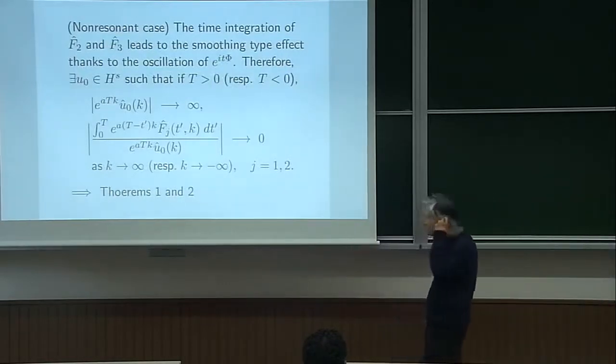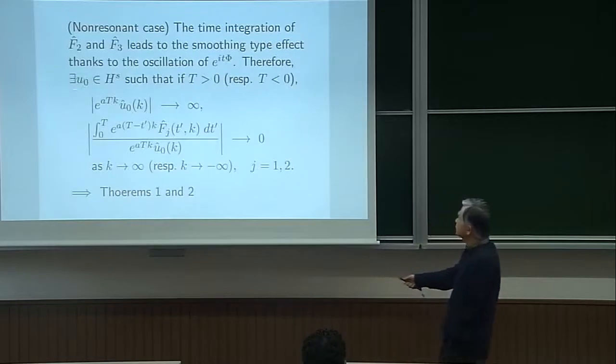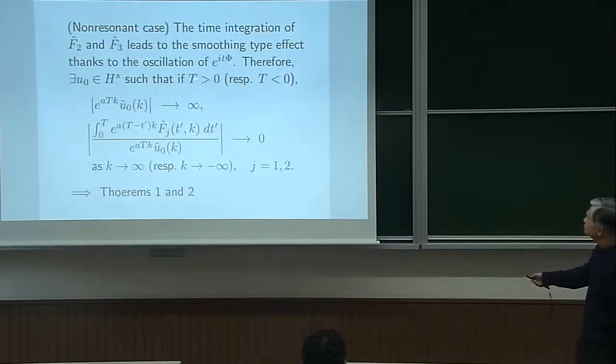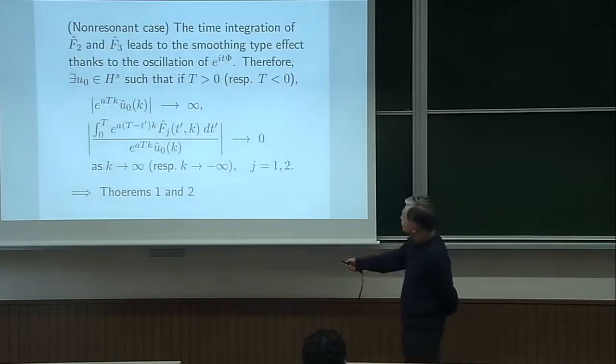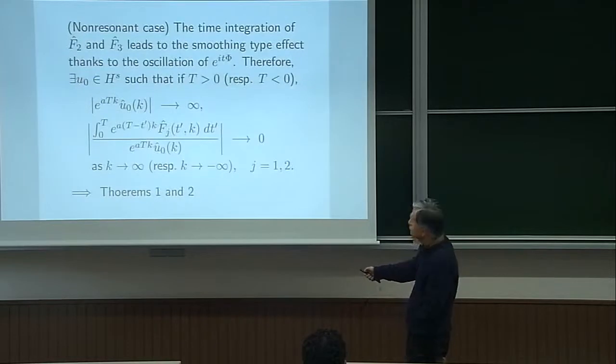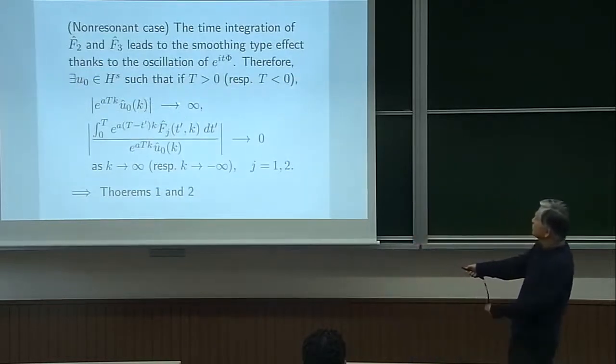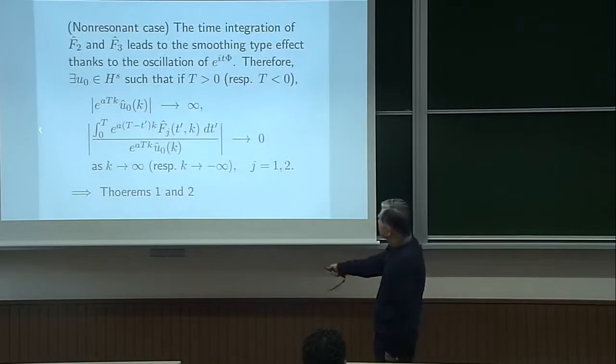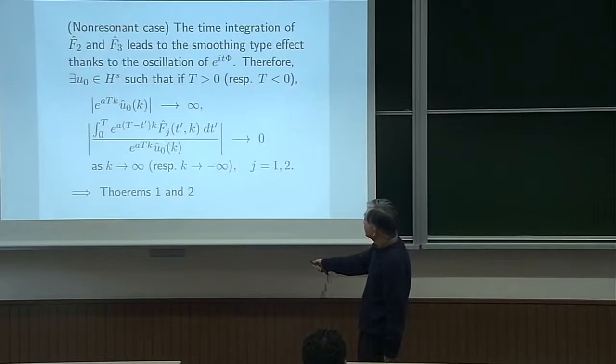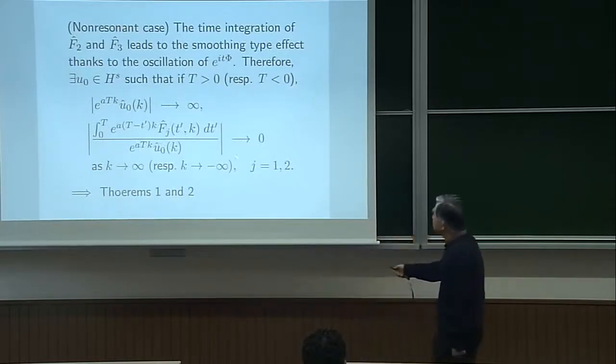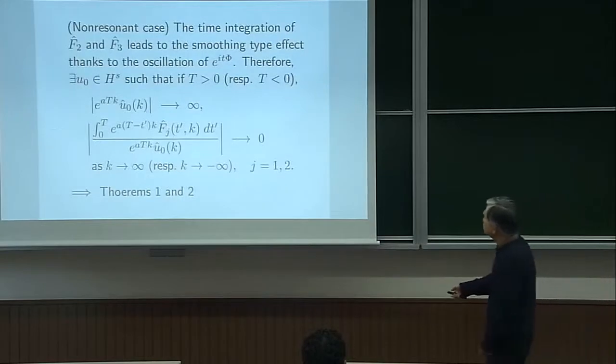So you can imagine a Cauchy-Riemann theorem. Therefore, there exists initial data U naught in HS such that if T is positive, the modulus of e to the itk times U naught hat, this is the homogeneous part of the equation, tends to infinity, and this part is the so-called Duhamel term, the inhomogeneous term, over the homogeneous part, converges to 0 as k to infinity.